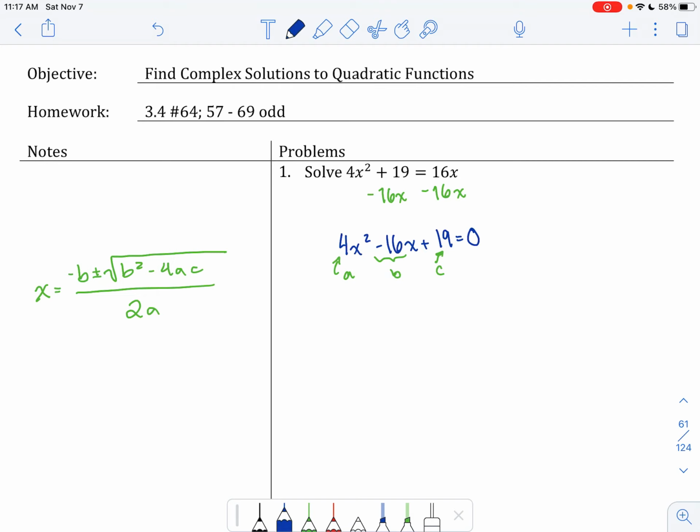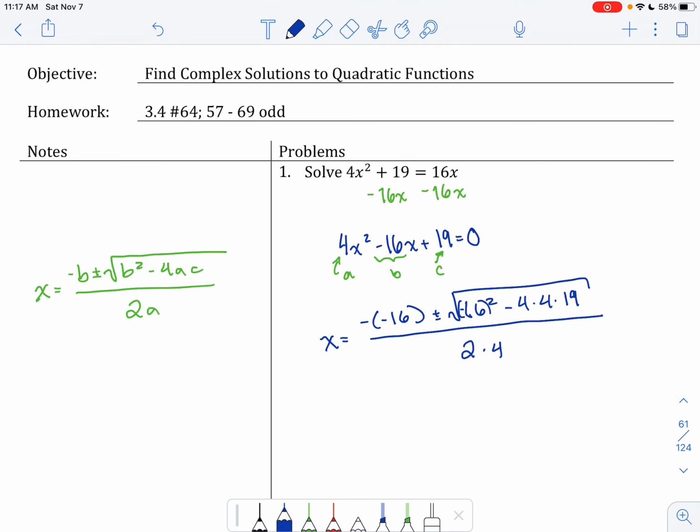So we can plug that in as x is equal to negative 4. Oh, sorry, not negative 4. Negative negative 16 plus or minus the square root of negative 16 squared, minus 4 times 4 times 19, all over 2 times 4.